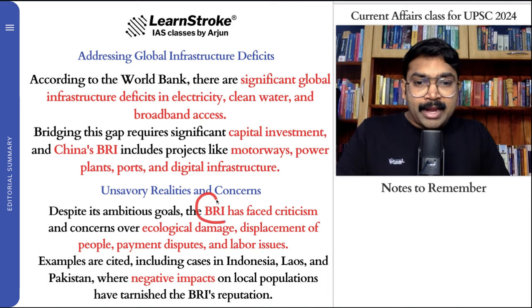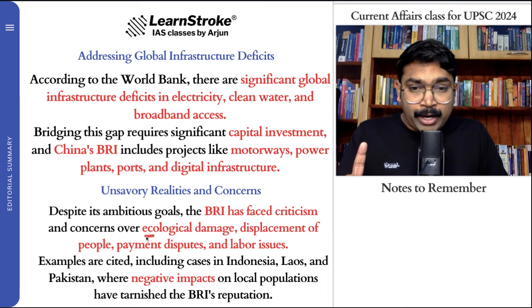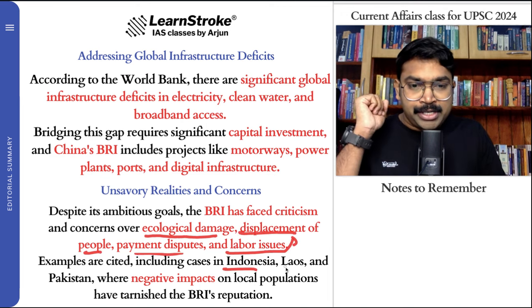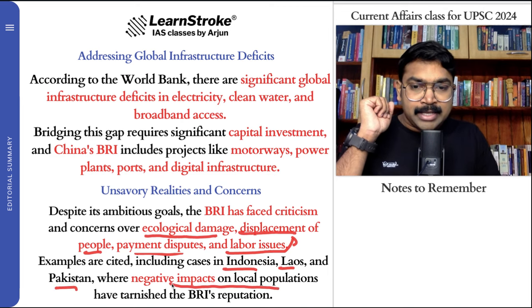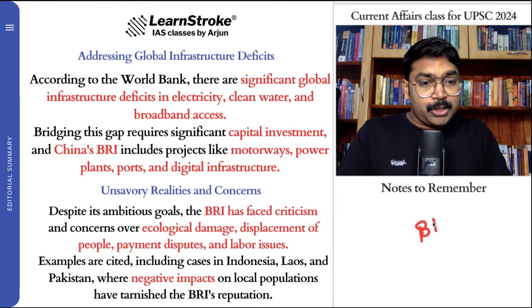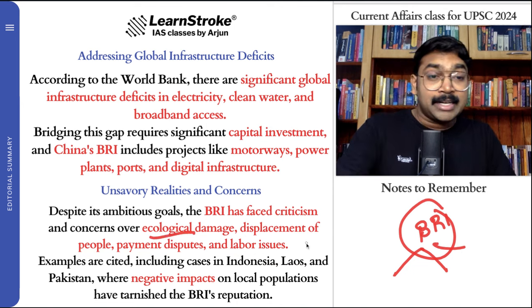And also BRI has got a lot of criticism that China's infrastructure building process has created ecological damage, displacement of people, payment disputes, and labor issues. Examples are Indonesia, Laos, and Pakistan, where BRI's negative impacts have been felt by local people. When a new initiative comes in, there are definitely going to be challenges, and that is the reason why it has created ecological damage and displacement of people.